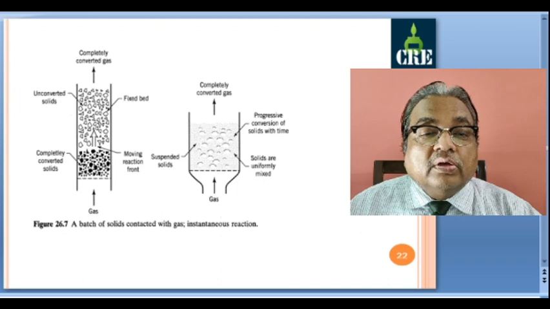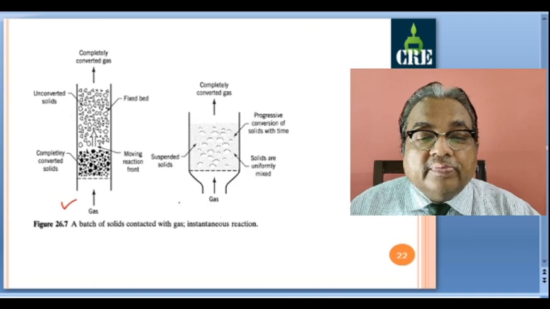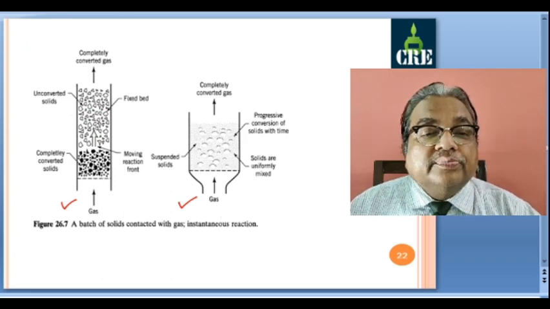So this will look from these two examples. This is packed bed or fixed bed reactor, and this is fluidized bed reactor. In both the cases, here we have gas solid reactions. Solids are in fixed bed or packed bed conditions, and gas is passing from the bottom to top. So here from the top what will leave?